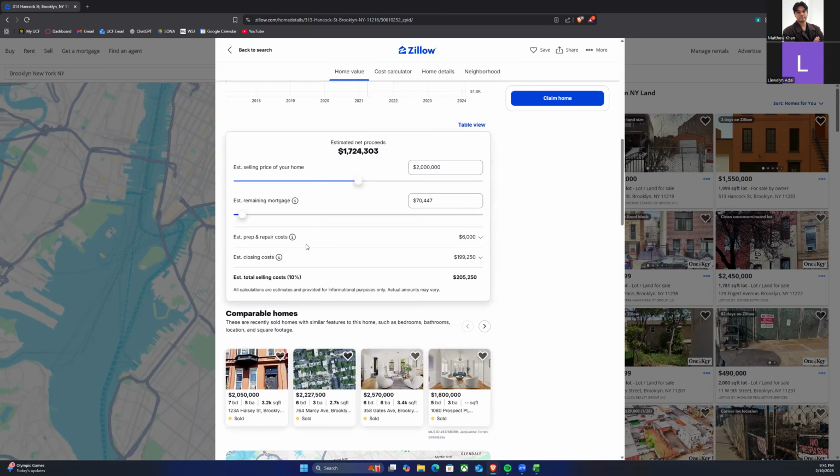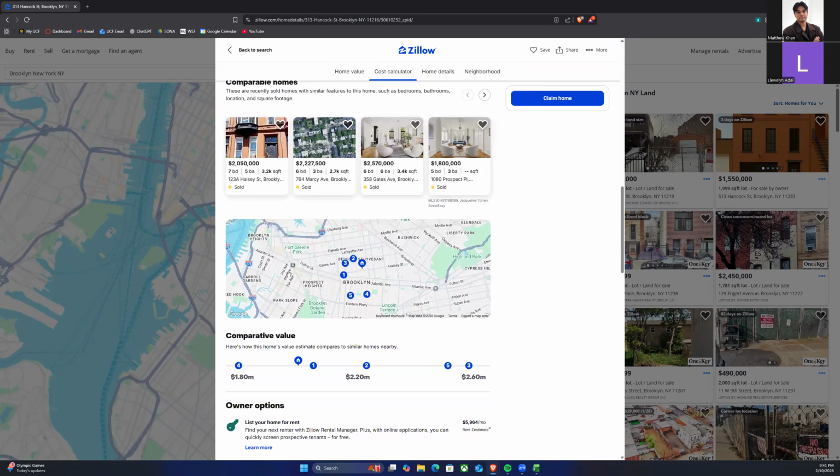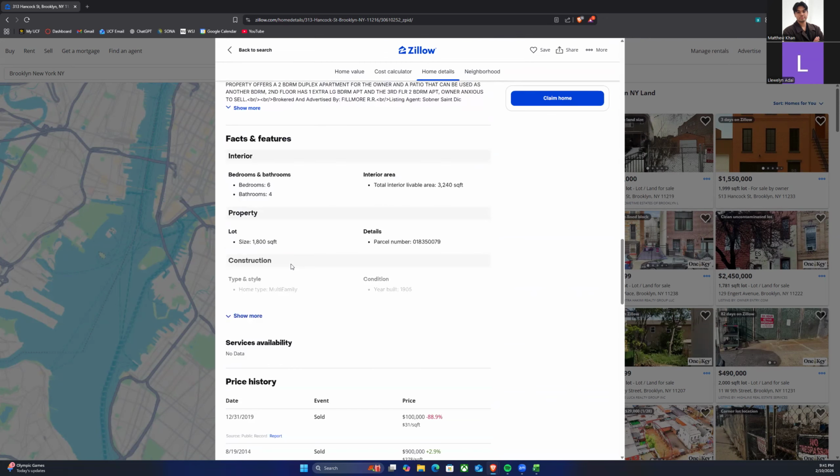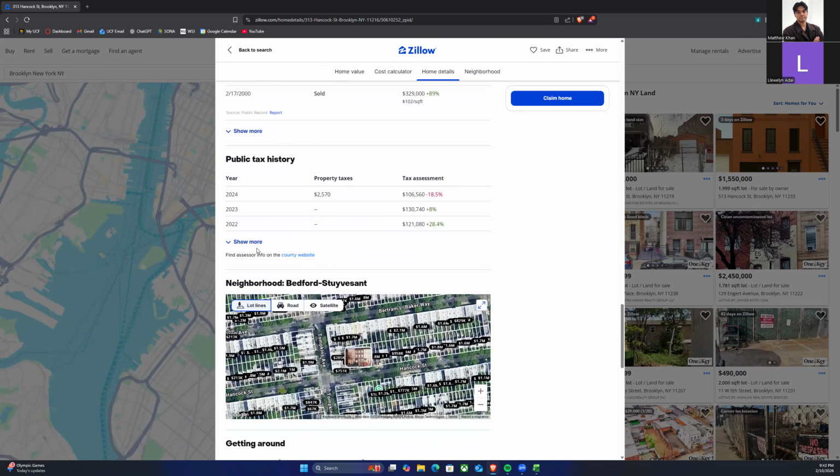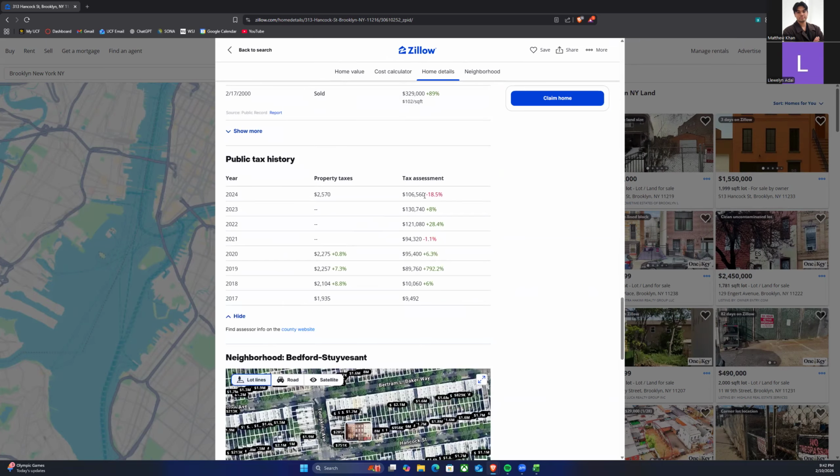It should be somewhere on here. Closing cost. Price. Here, tax history. See the tax assessments here. And it's 2570.